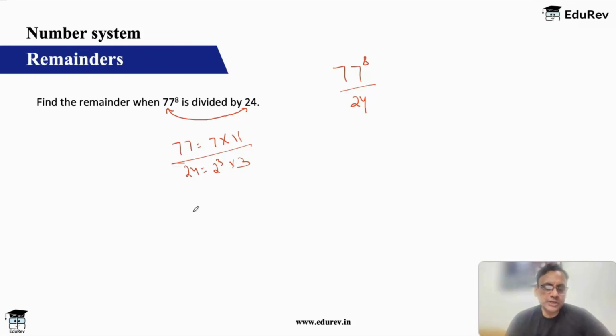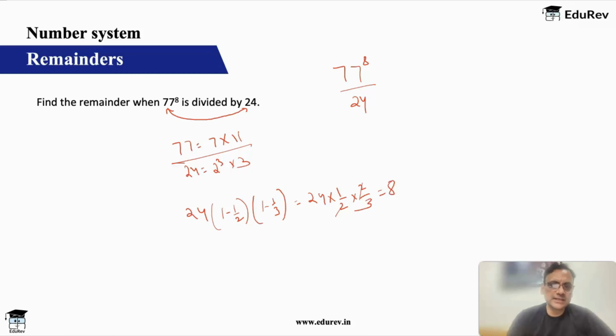Then what is my Euler's totient of 24? 24 into (1 minus 1 by 2) into (1 minus 1 by 3), which is 24 into half into 2 by 3, which is 8. That is exactly what is given in the power. So this is tailor-made for Fermat's theorem. You can straight away apply this.